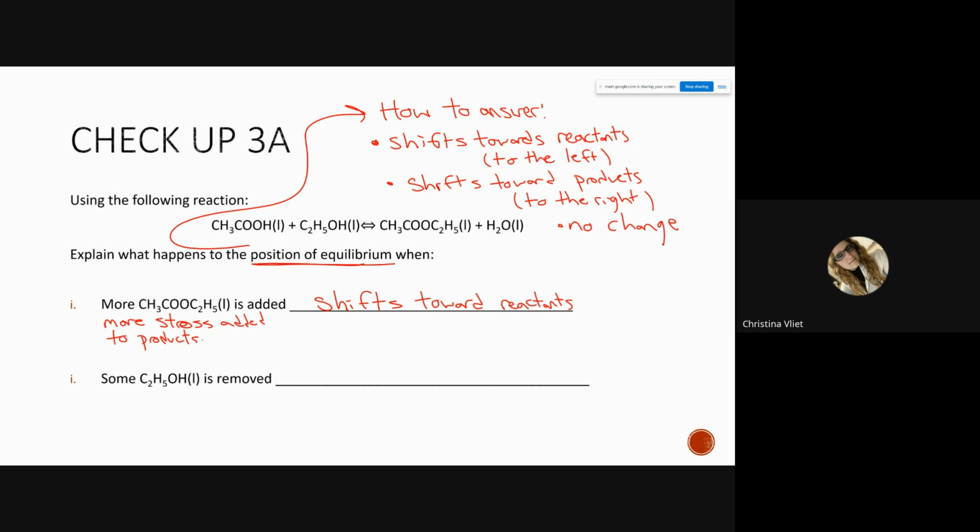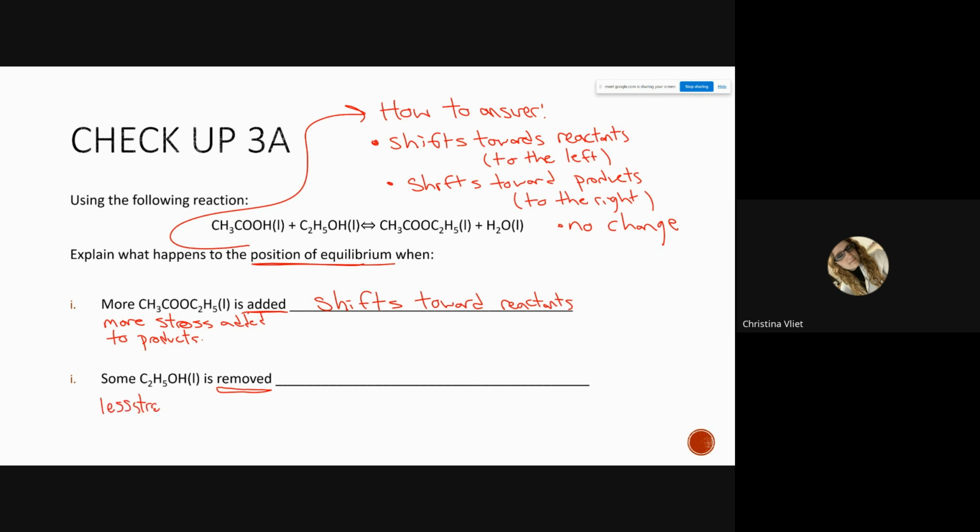What about the next? C2H5OH is removed. It shifts to the right? But it's removed, not added. This is a reactant. Isn't this saying that there's less stress on reactants?